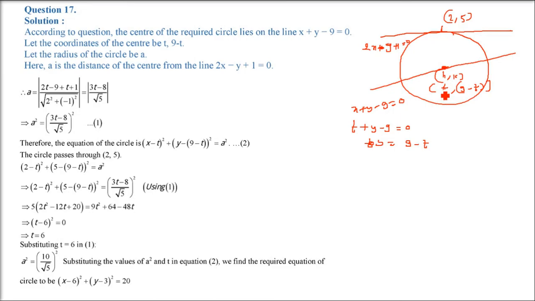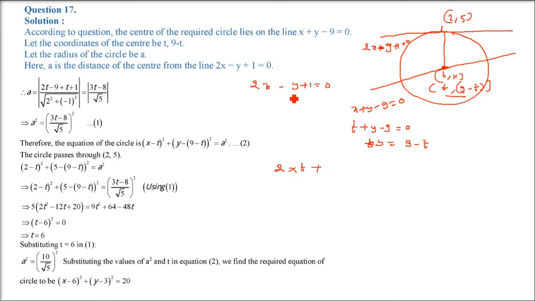This is clear. So what we will do here is take the distance from (t, 9 minus t) to (2, 5) and call it radius square. Also, we'll drop a perpendicular from (t, 9 minus t) to the line 2x minus y plus 1 equals 0, and again say it is the radius.